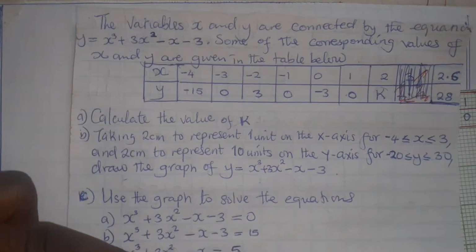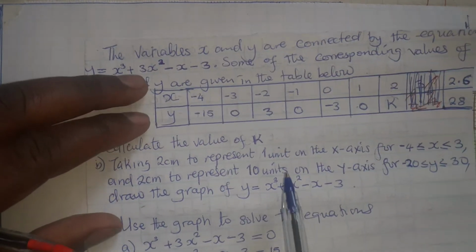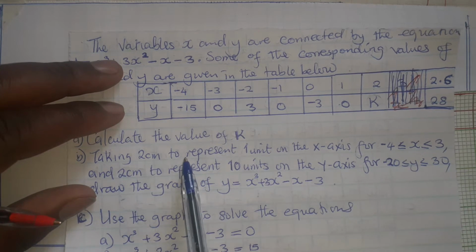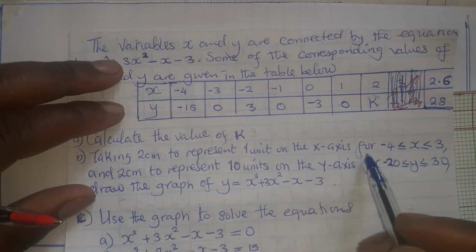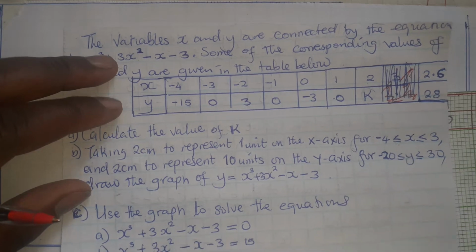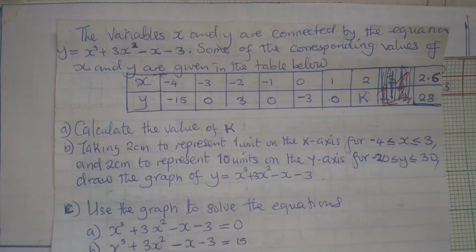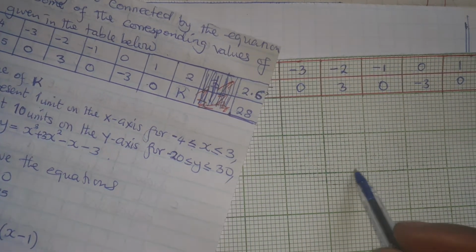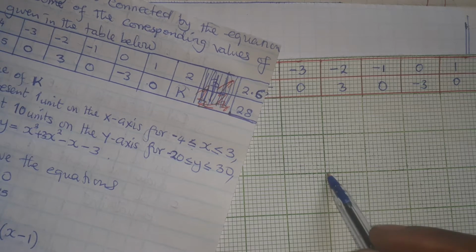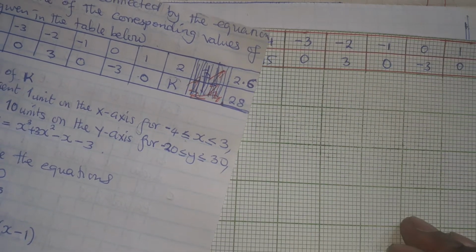So now I'll come back to the table. What is the question now? The question is taking 2 centimeters to represent 1 unit on the x-axis. So this box here is 2 centimeters. 2 centimeters to represent what? 1 unit on the horizontal axis, which is the x-axis.